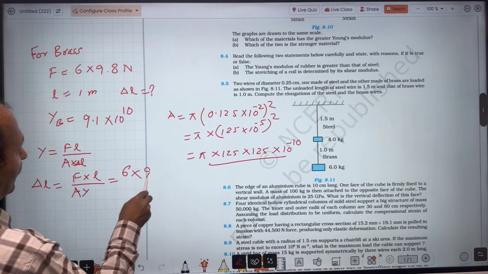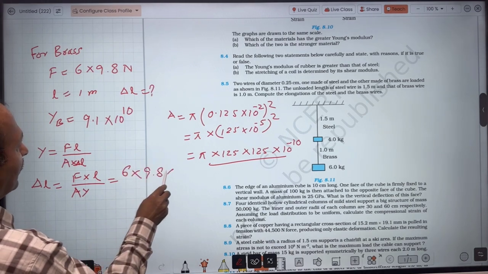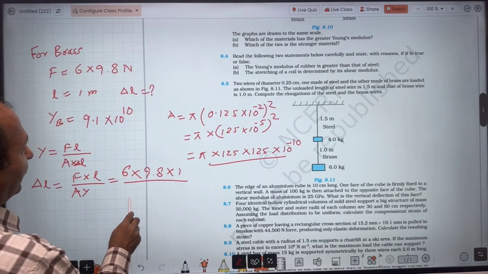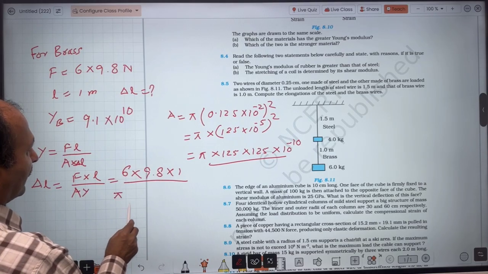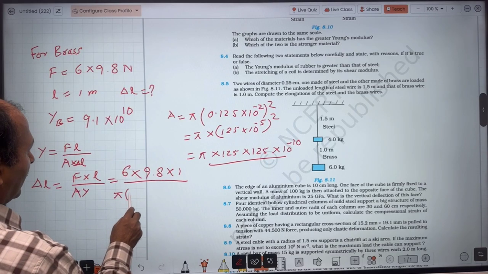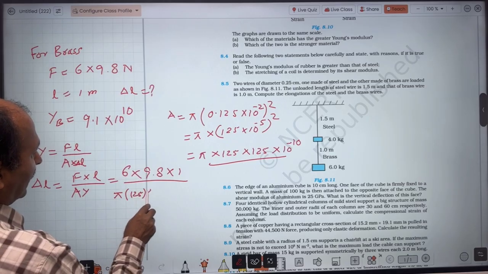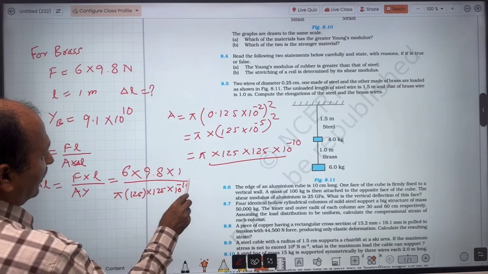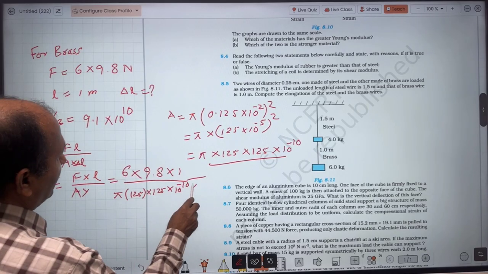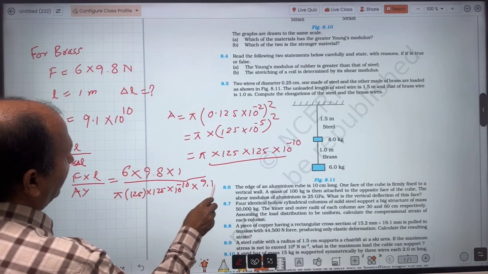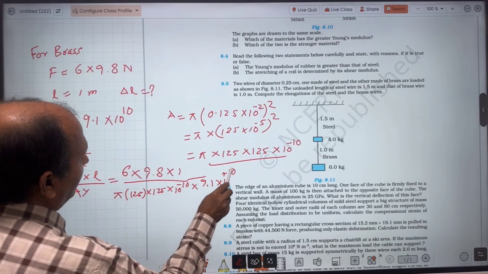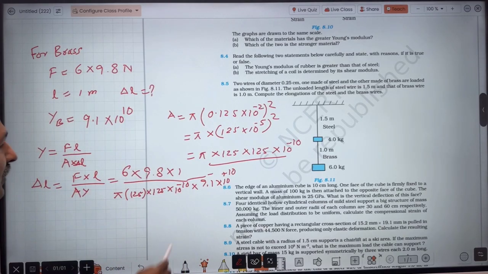So F is 6 into 9.8 into length of wire is given as 1 divided by area of cross section is pi into 125 into 125 into 10 power minus 10 times value of Young's modulus, that will be 9.1 into 10 to the power plus 10. We can again simplify.